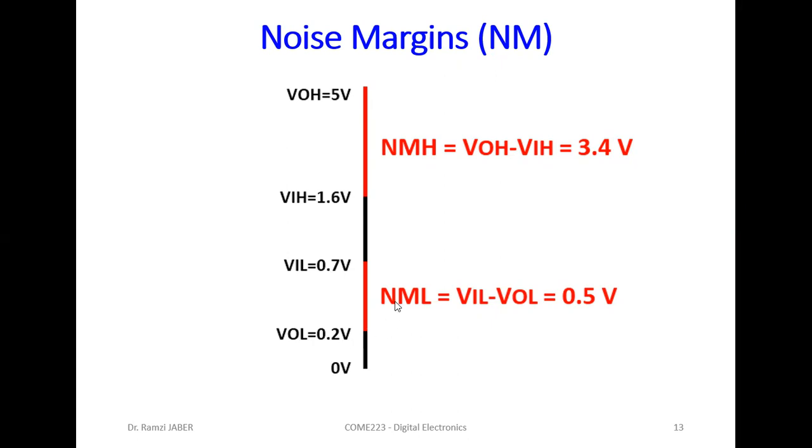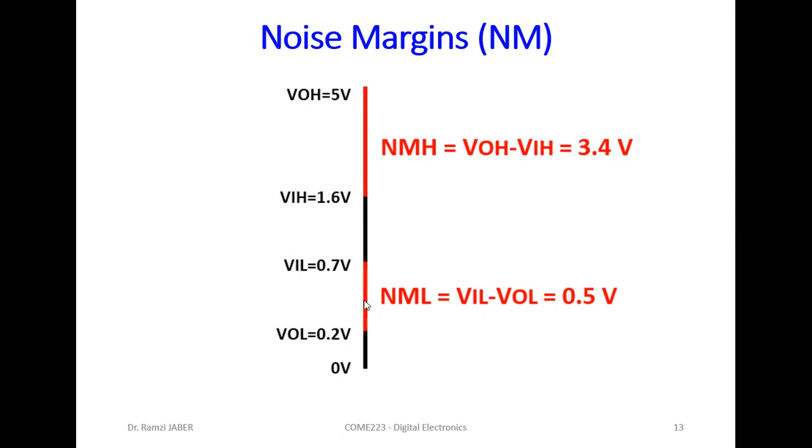The noise margin low equals the input low 0.7 minus the output low 0.2 volt, the red region here. NML, noise margin low, equals the input low minus the output low, equals 0.5 volt.